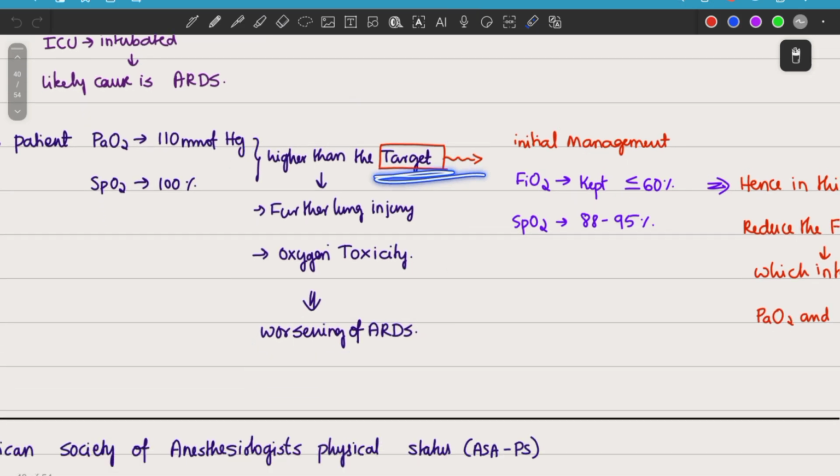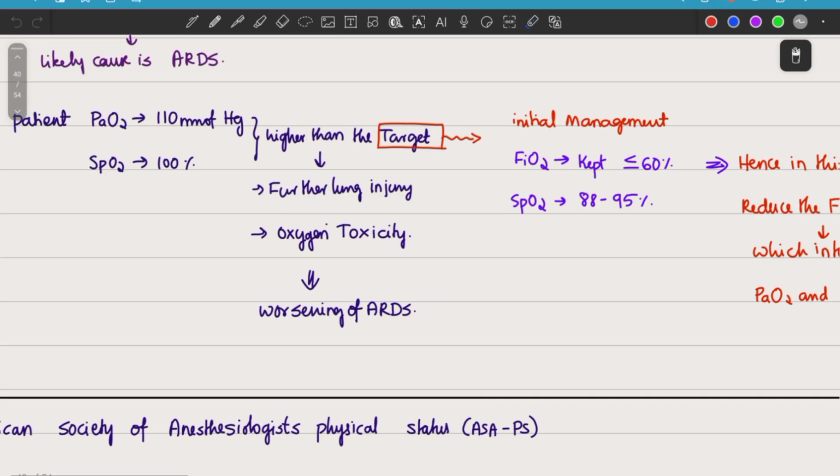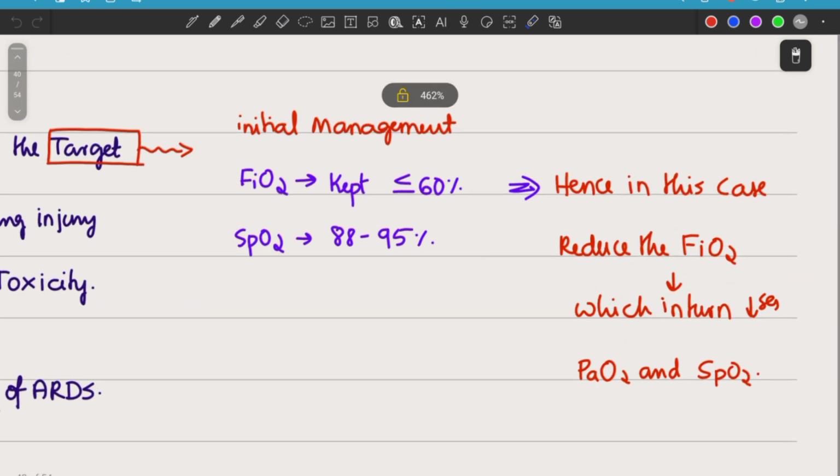So, when the oxygen concentration is high, there is further lung injury because of oxygen toxicity, hence it will worsen the ARDS. The initial management is to keep the FiO2 less than 60% and SpO2 between 88 to 95%, not 100%.